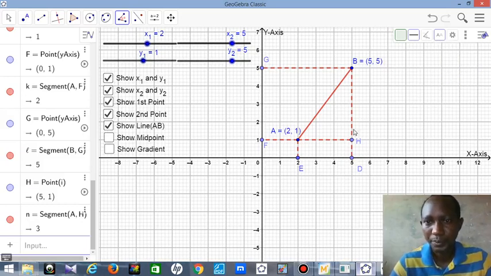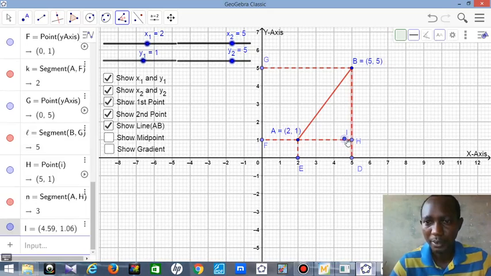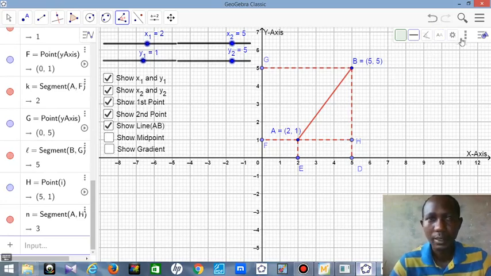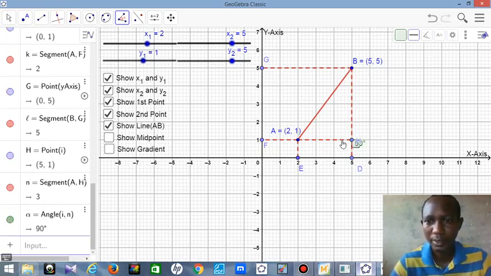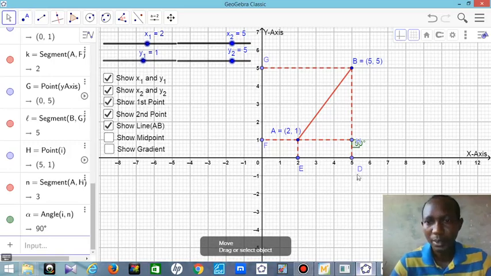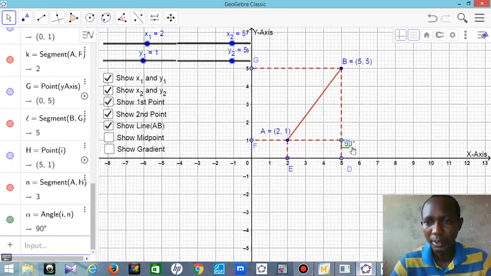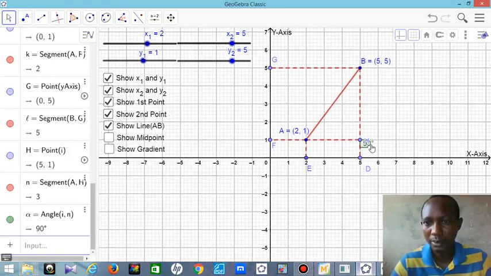I want the distance from this point to this point. Okay, I want this angle. You can see there it is 90 degrees.